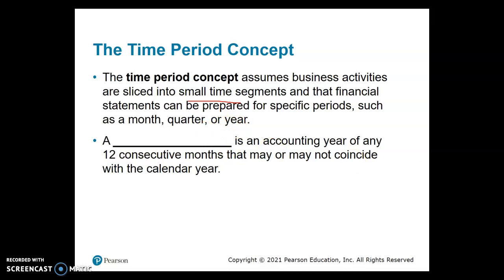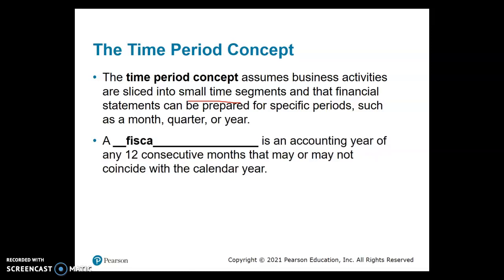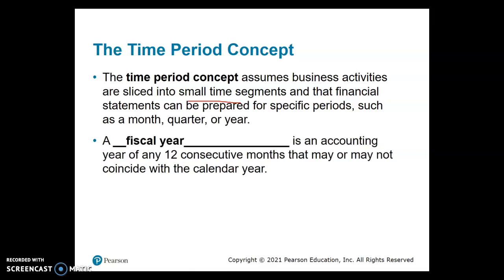Okay, the next one, a fiscal year is an accounting year of any 12 consecutive months. It may or may not coincide with the calendar year.